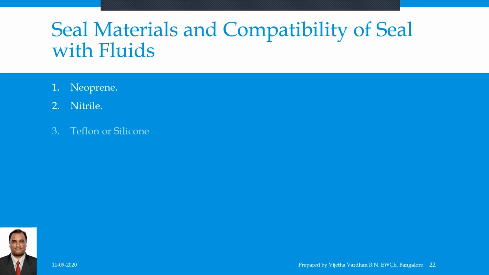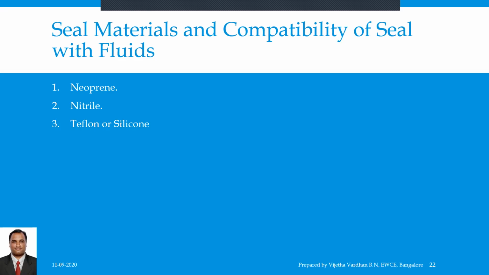Coming to the next one, which is called silicone. This elastomer has a wider temperature range than nitrile, ranging between -100 degrees centigrade and 250 degrees centigrade, and is therefore a popular material for rotating shaft seals and systems that run from very cold to very hot.